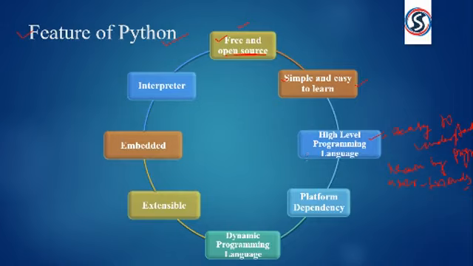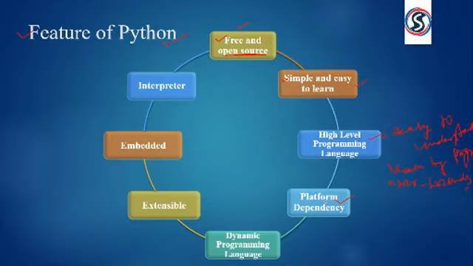Next feature of Python is platform independency. Python is platform independent, because Python programs are developed and executed on multiple operating systems, like Linux, Windows, and Apple Mac operating systems.